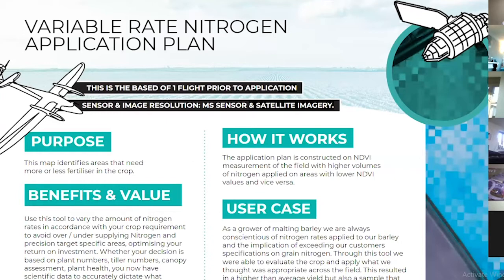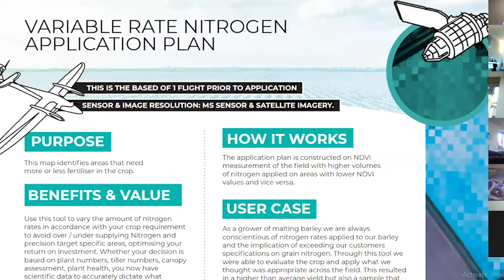So you know which area is of higher growth and lower growth, and the clients the flexibility to be able to adjust the variation on the nitrogen that's most suitable for you.